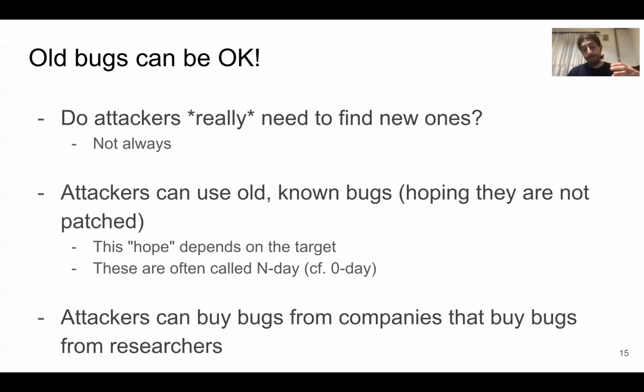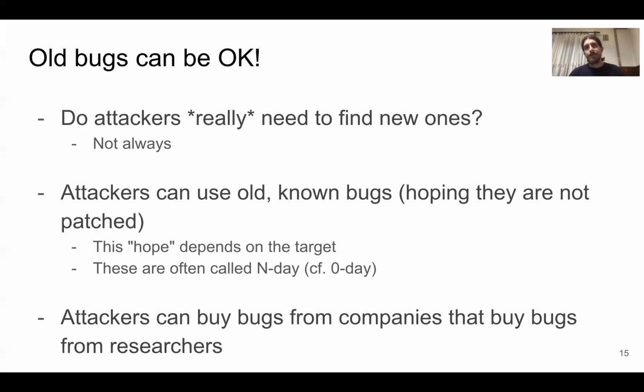When attackers use known bugs, these are usually called n-days. The other term is 0-day. Basically, a 0-day is a bug that was not known before I tell you that there is a bug there. That's called a 0-day, a bug that was previously undisclosed, and the zero comes from the zero days since I disclosed this bug.